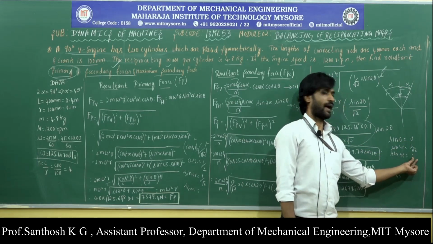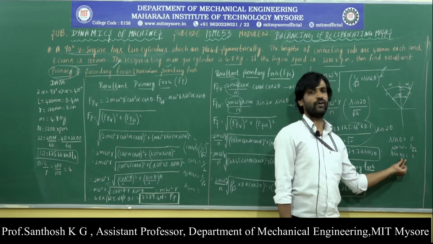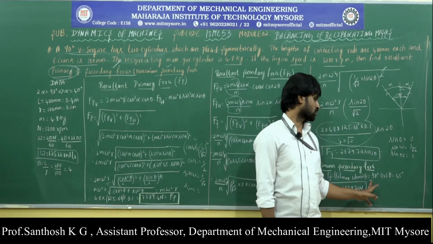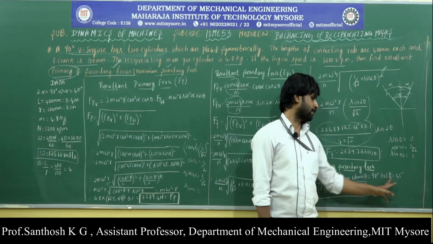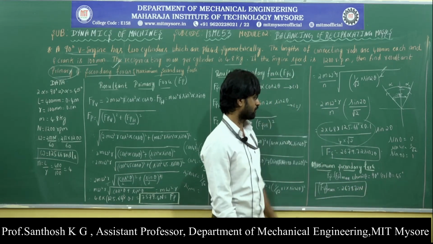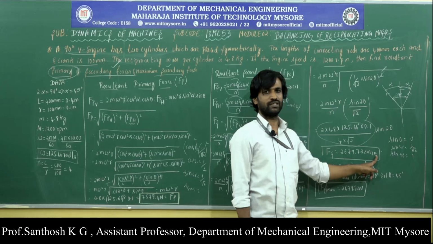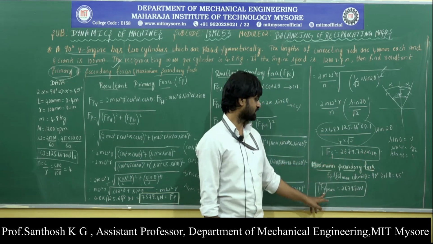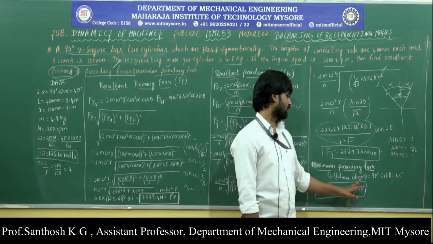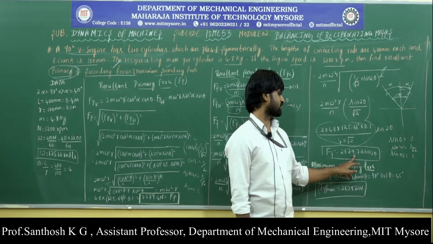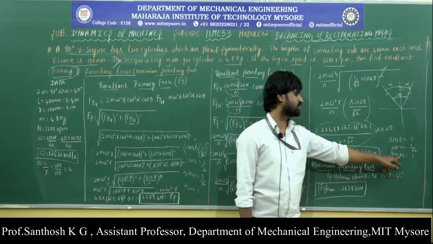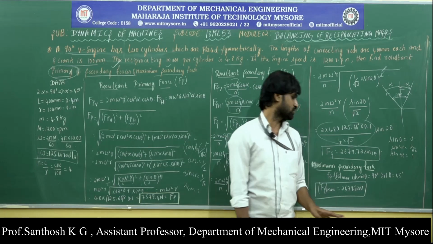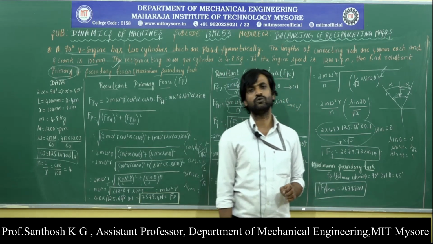The sine will have the maximum value when 2 theta is 90, so theta should be 45. If I put theta as 45, then sine 90 will be equal to 1. Therefore the maximum secondary force will be 2679.72 into sine 90, which is 1. So the value of Fs max will be equal to 2679.72 newtons.